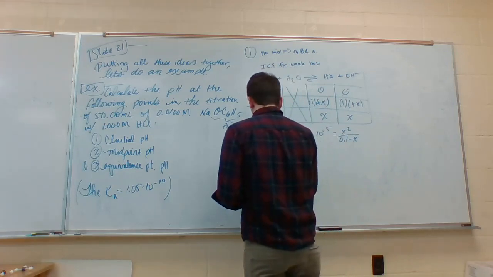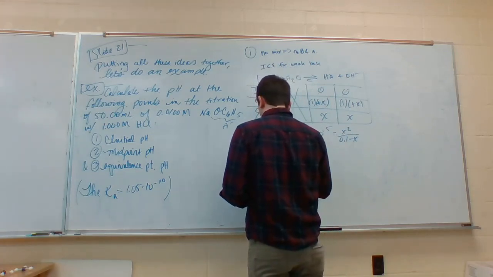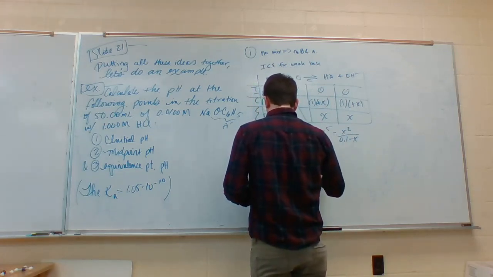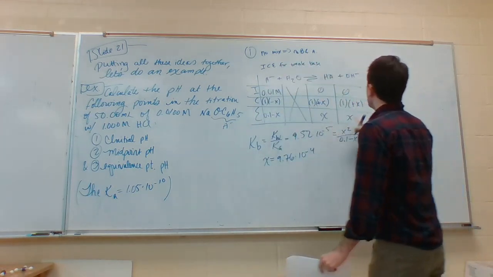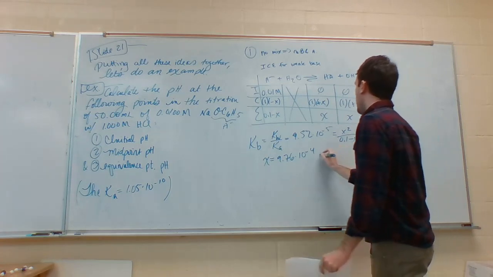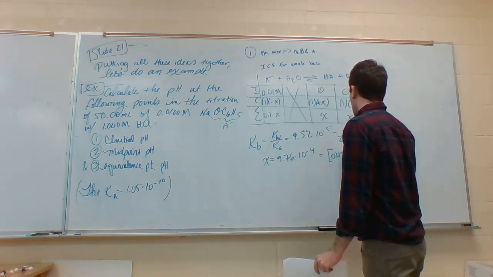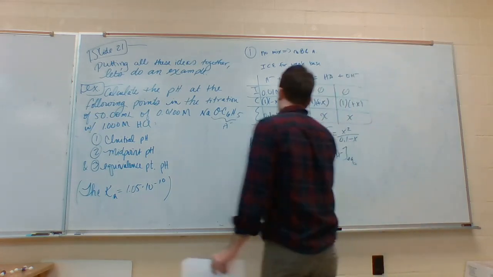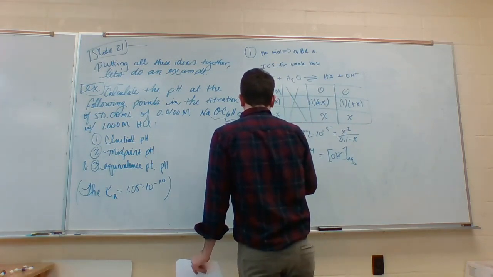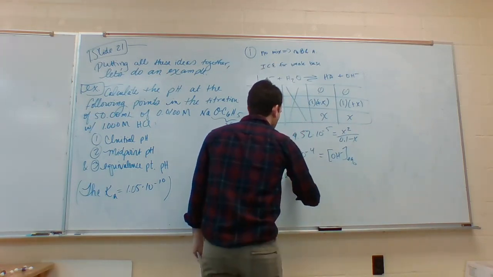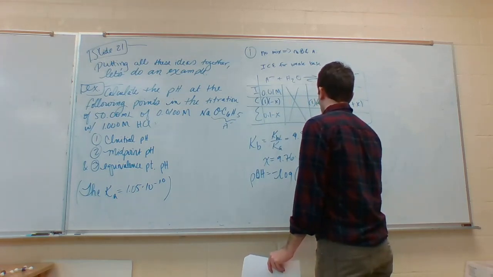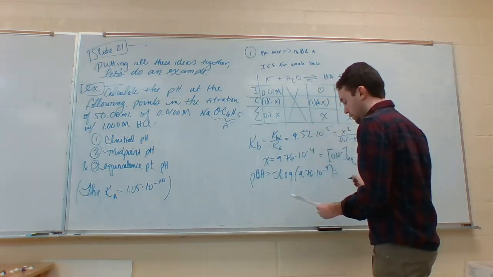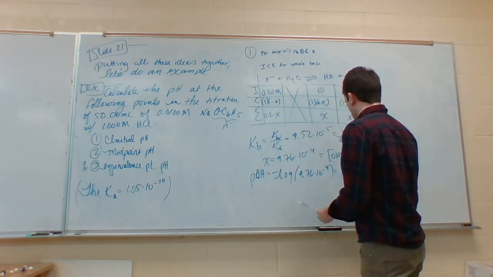I'm going to skip some steps and say that x is equal to 9.76 times 10 to the negative fourth. All right. Now, x corresponds to my concentration of OH at equilibrium, which means that I can solve for my pOH, which is equal to the negative log of my concentration of OH, so 9.76 times 10 to the negative fourth, which is equal to 10.99.